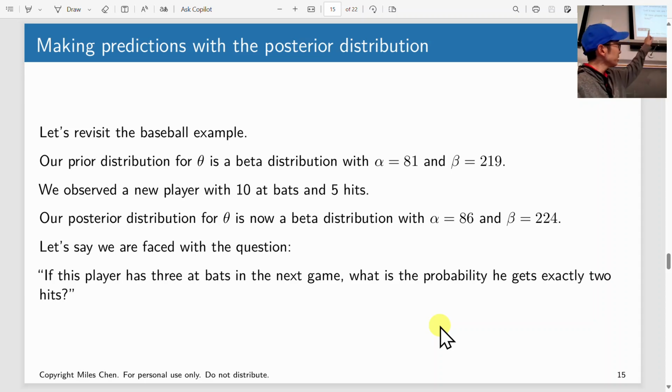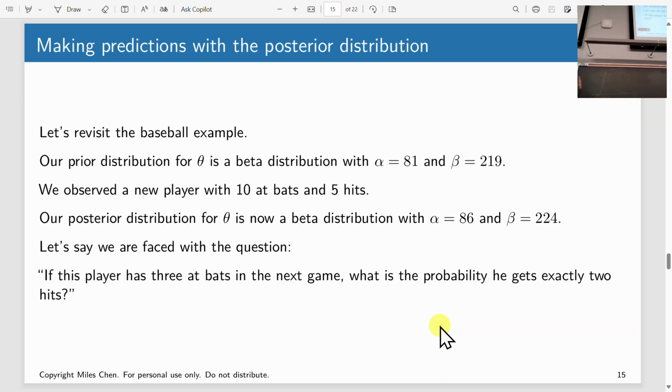Then we observed a new player who started off their season with good performance, 10 at-bats and 5 hits. Based on that, we adjusted, and our posterior distribution is now just ever so slightly shifted to the right. So this one over here is the prior, and this one over here is the posterior.